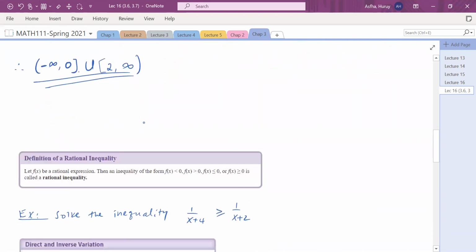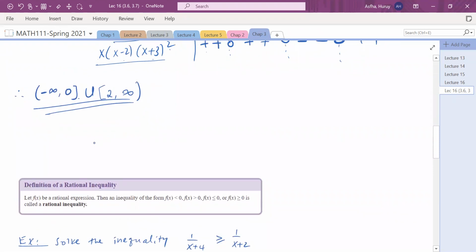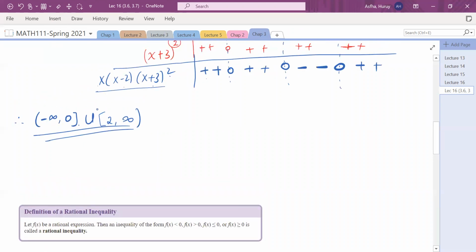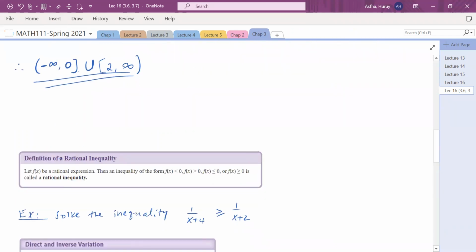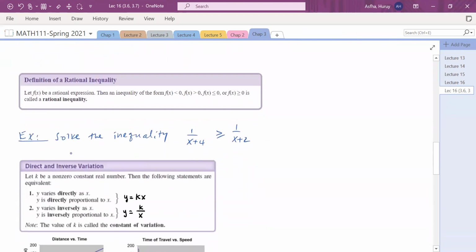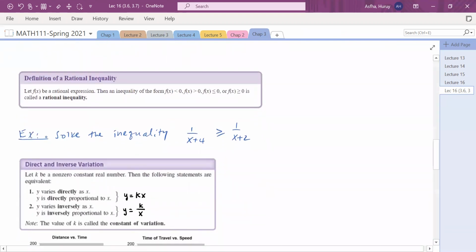Okay. And the next is rational inequalities. So this is just like a polynomial inequality, but now we will see what rational inequalities are.